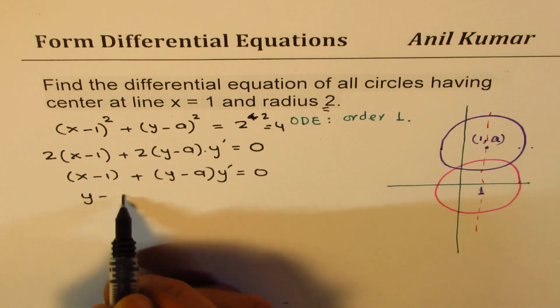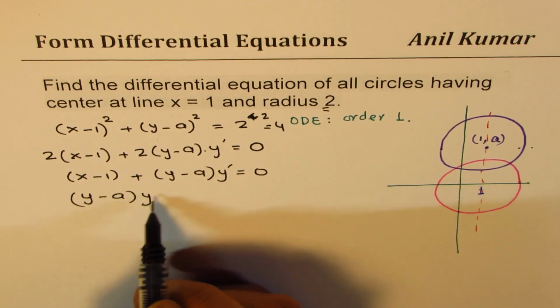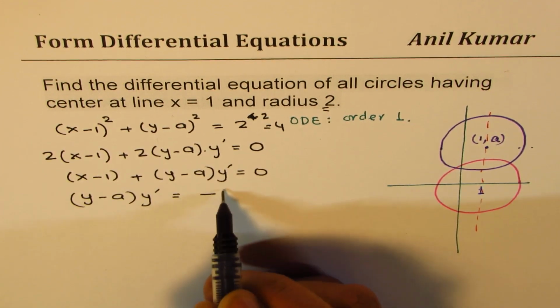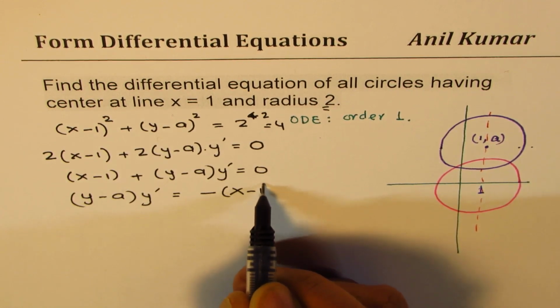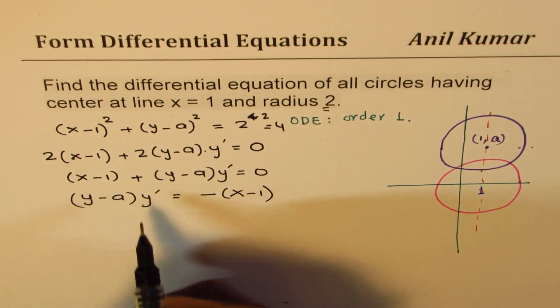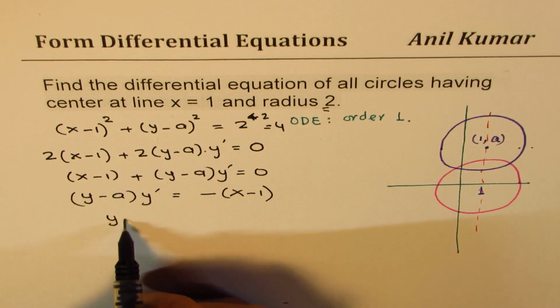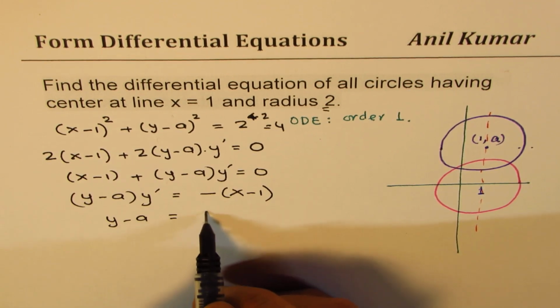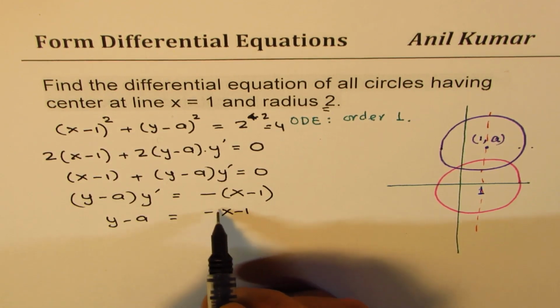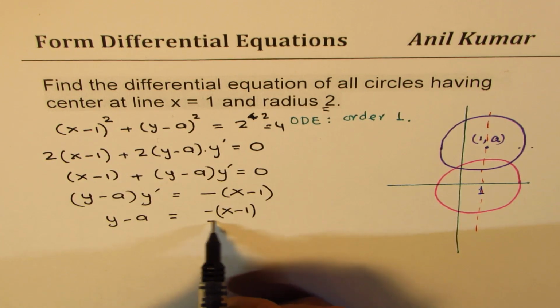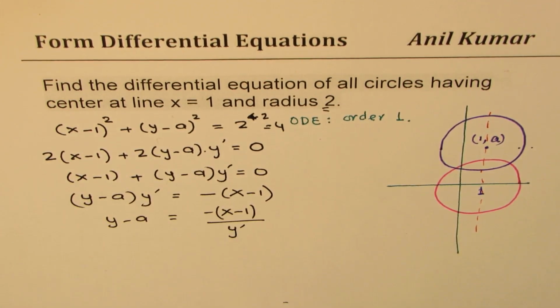So we have (y minus a) times y prime equals minus (x minus 1), and y minus a will be equal to minus (x minus 1), let me write it in brackets, divided by y prime.